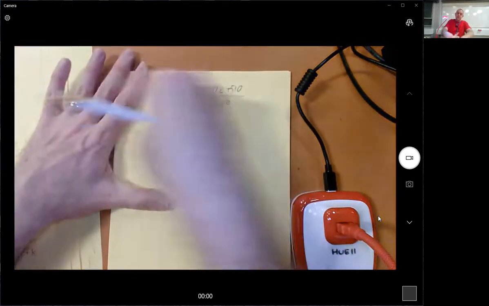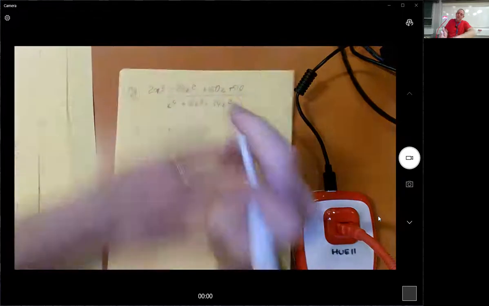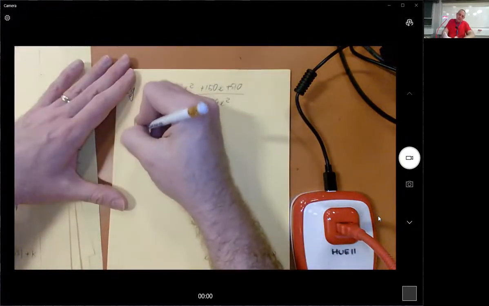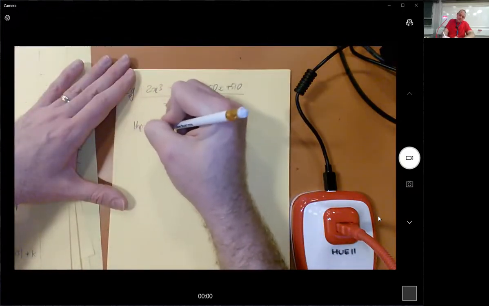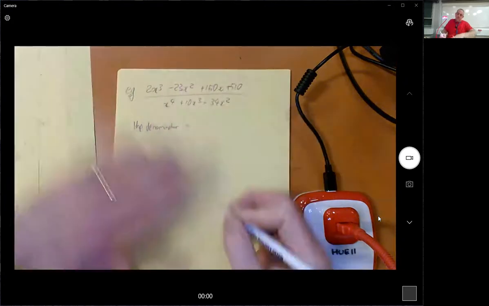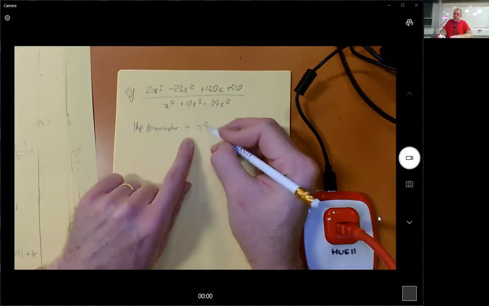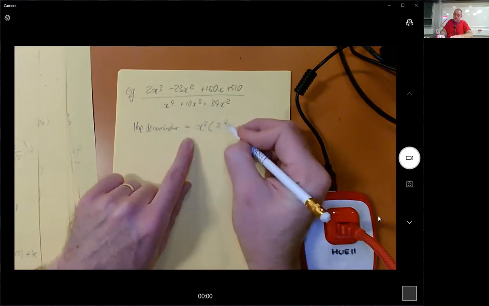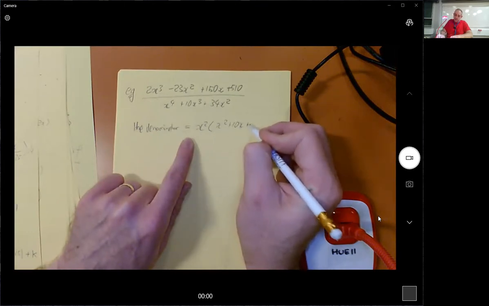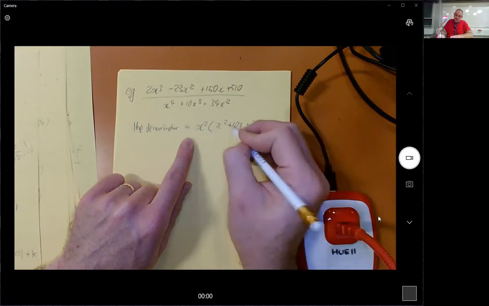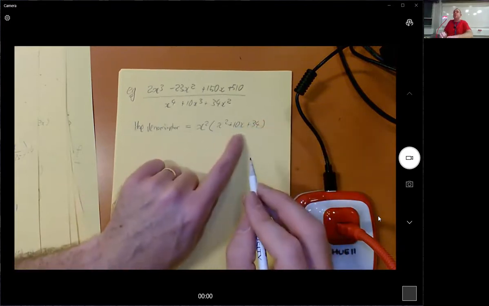I'm not even going to write out what it's equal to. I'm just going to say the denominator is this. So they've all got an x squared in them, so I'll factorize that out. And then I would need to attempt to factorize this.